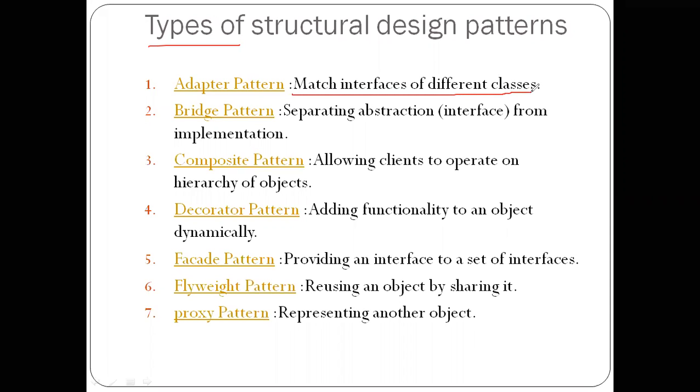Here one class interface may be one type, another class interface may be another type. How are we going to connect these two different classes? This kind of thing is discussed under the adapter pattern.